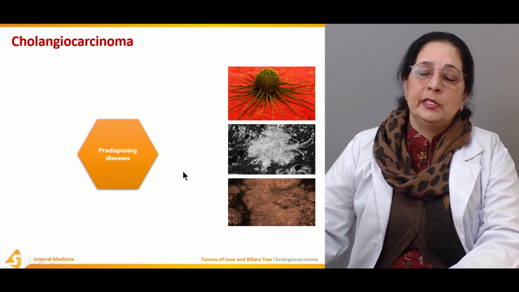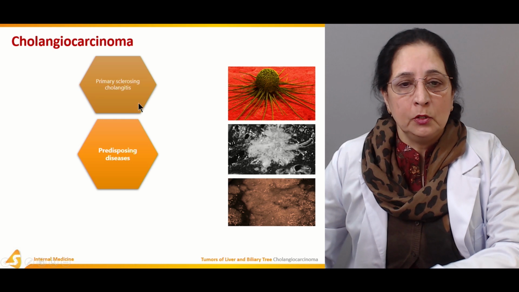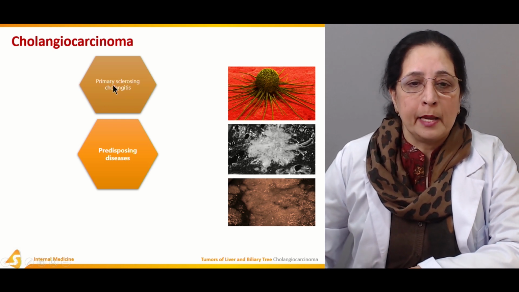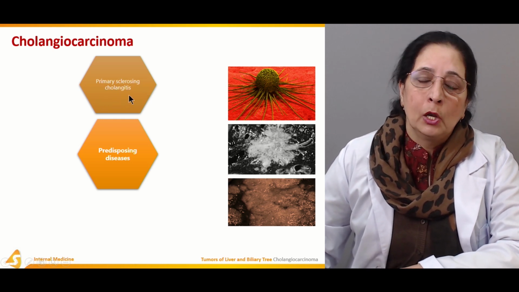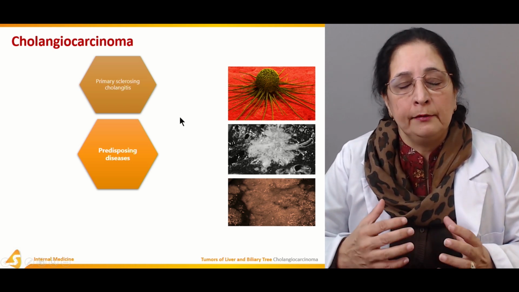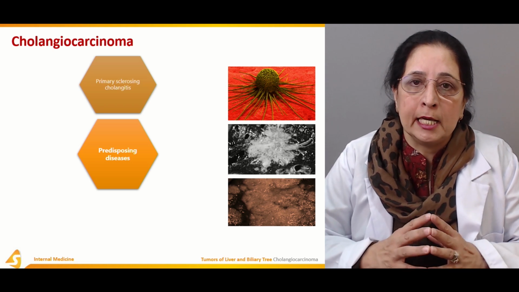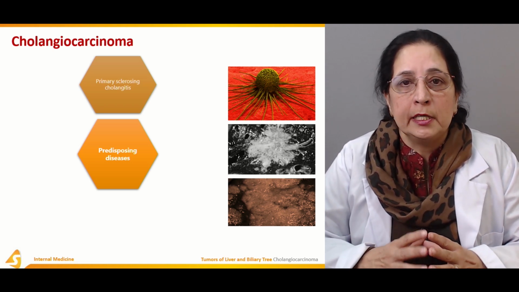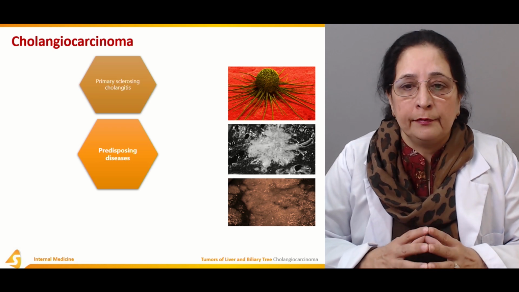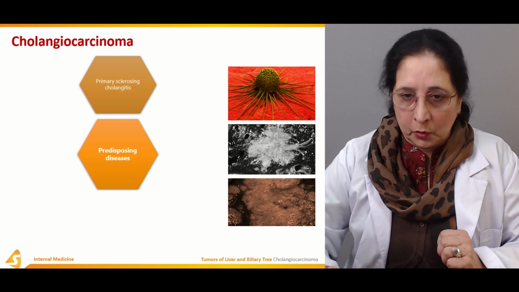The predisposing disease that can lead to cholangiocarcinoma is primary sclerosing cholangitis. Cholangitis is inflammation of the bile duct. So if there is sclerosing cholangitis or inflammation, it can cause cholangiocarcinoma.